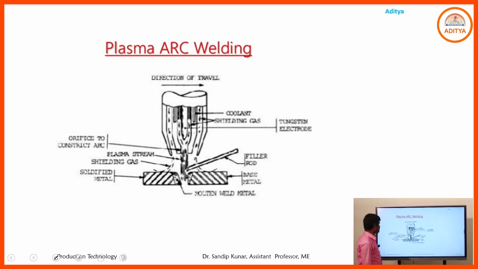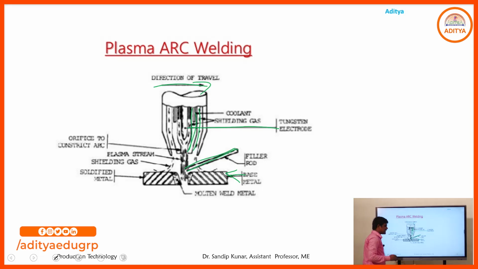Now in the plasma arc welding process, that is the direction of travel. Here we also use coolant for cooling, and shielding gas as well as plasma gas. That is the tungsten electrode, and that is the filler rod. Sometimes we use a filler rod, and that is the base metal. The plasma stream is provided, and using the plasma gas the plasma arc is generated.